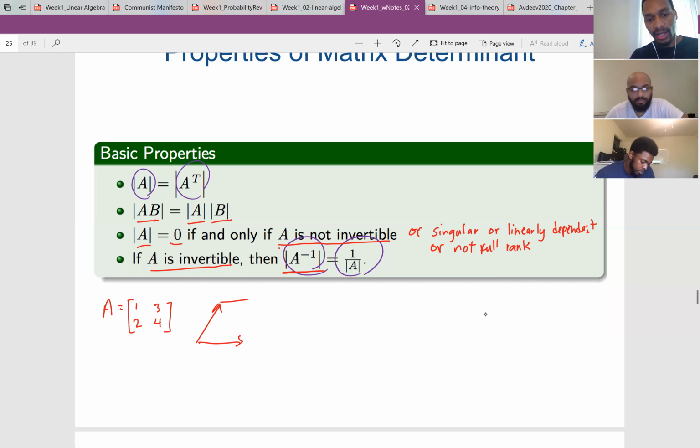And the area is something like this that they span. And for a 3 by 3, you have some hyper parallelogram that they're spanning. I don't even know how to draw it, but it's like a volume that they can sort of move in. I think that makes a lot of sense.